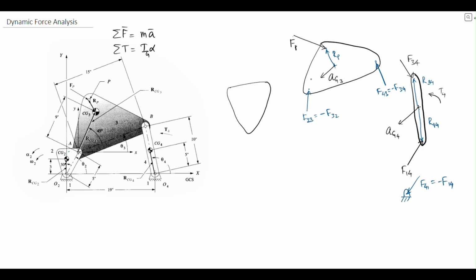There are no other forces, so we can identify again the position of this point as R2 with respect to 3, and we can identify the position R4 with respect to 3. So maybe just to keep things clear, I'll mark these forces in black.